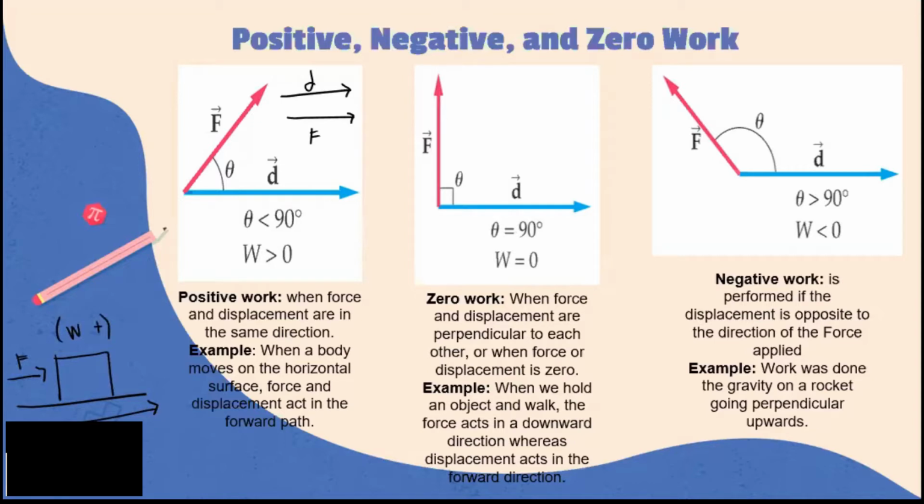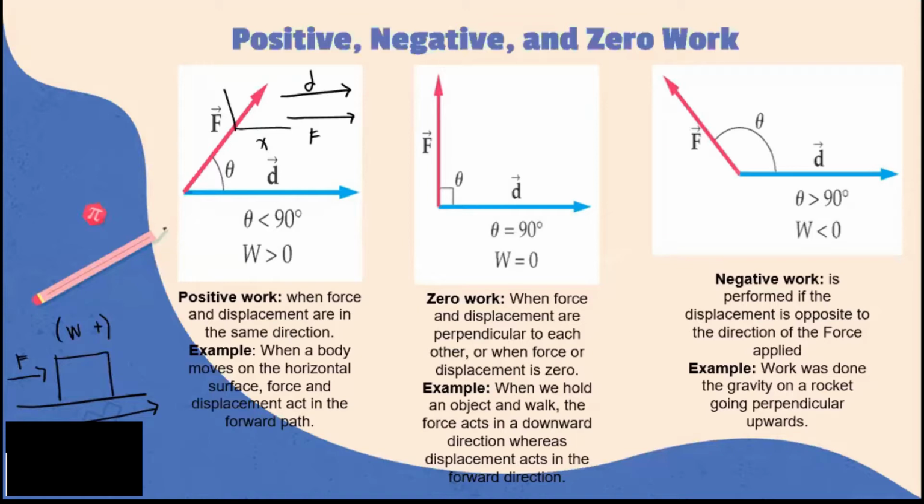Okay? Also, kahit kunwari hindi siya parallel, what if your force is inclined at a specific angle? Okay, since kukunin mo pa rin naman yung x and y components niyan, so yung x component mo ay magkakaroon ng congruency with your displacement.